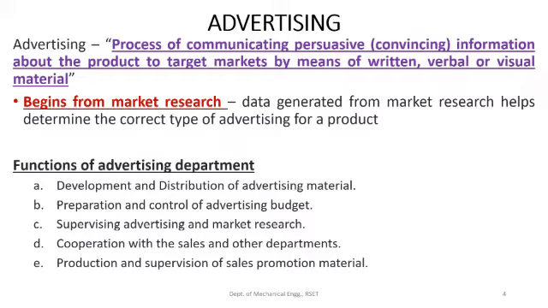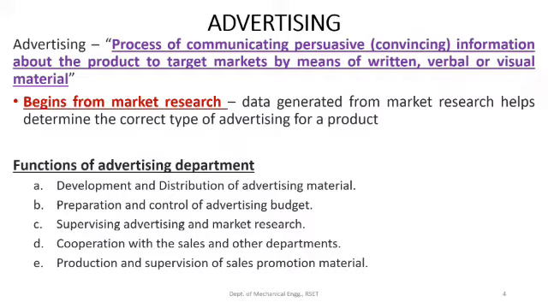Advertising, being a marketing communication tool, is involved in transferring information about a particular product that a company sells. They communicate the message to the target market, the set of potential people who are going to buy that particular product.